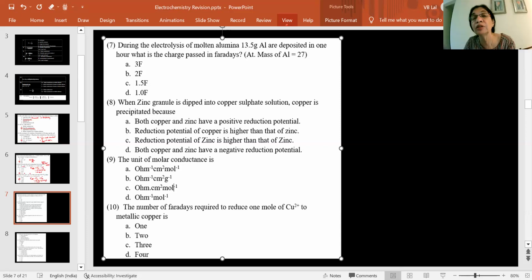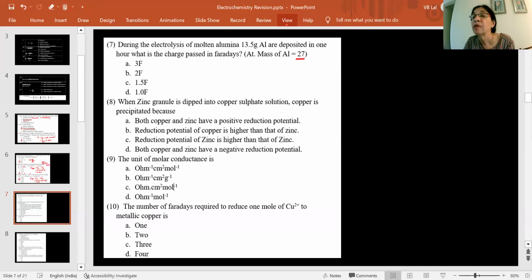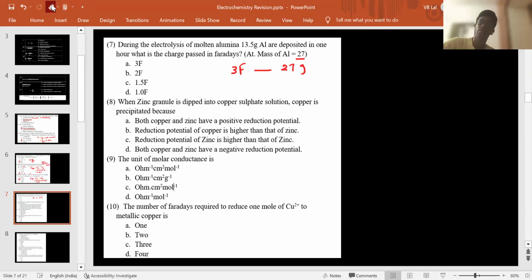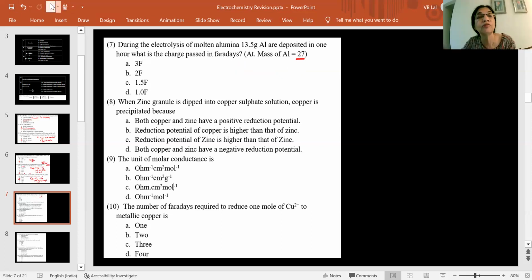What is the atomic mass of aluminium given here? 27. So 3 Faradays deposit how many grams? 27 grams of aluminium is deposited by 3 Faradays. Okay, you can write it the other way. 1.5, right? Very good. Answer is 1.5. Who answered, Sanjay? Yes. Okay, 1.5. Very good.